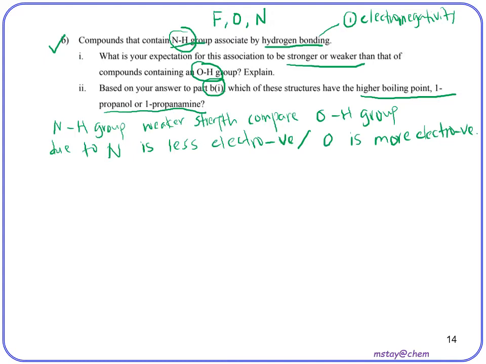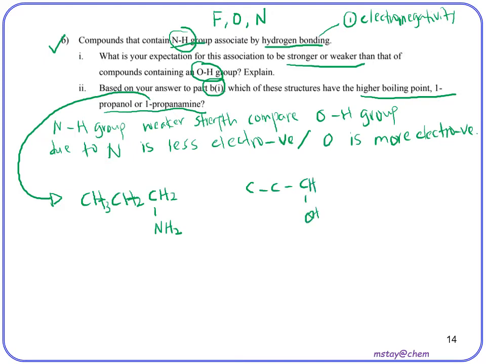The structure for propanamine again consists of 3 carbons, and the first carbon has the amino group, so this one is NH2, CH2, CH2, CH3. 1-propanol is OH, CH2, CH2, CH3. So definitely, which one has the higher boiling point? Propanol has the higher boiling point.